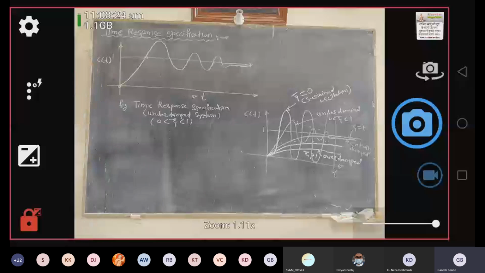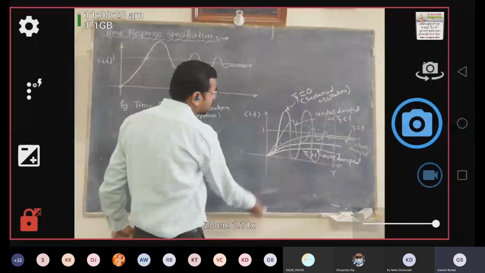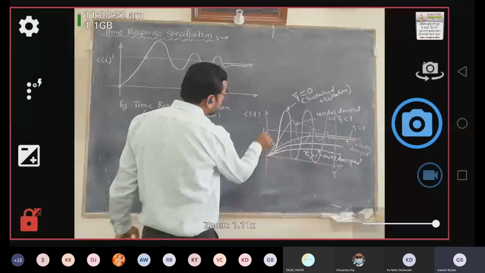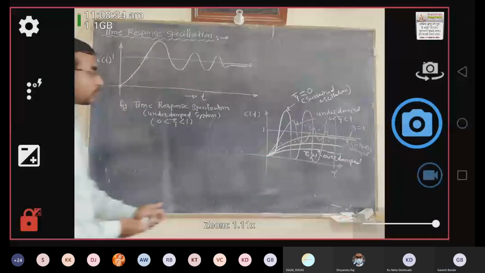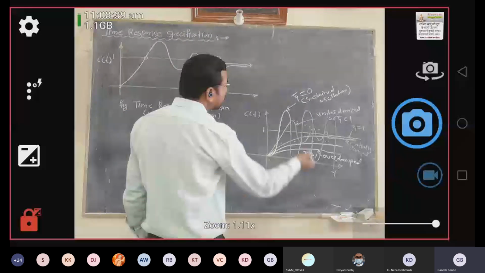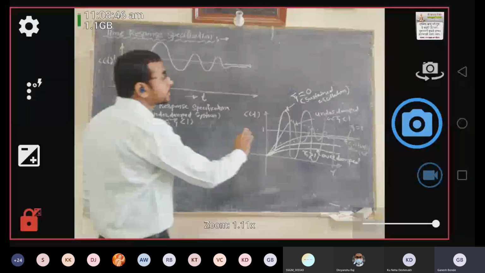Because if you see the properties of time response of second order control systems, it is observed that for underdamped systems, the oscillations in the system get damped out and the system can reach steady state. So we want the time response to be of such type.